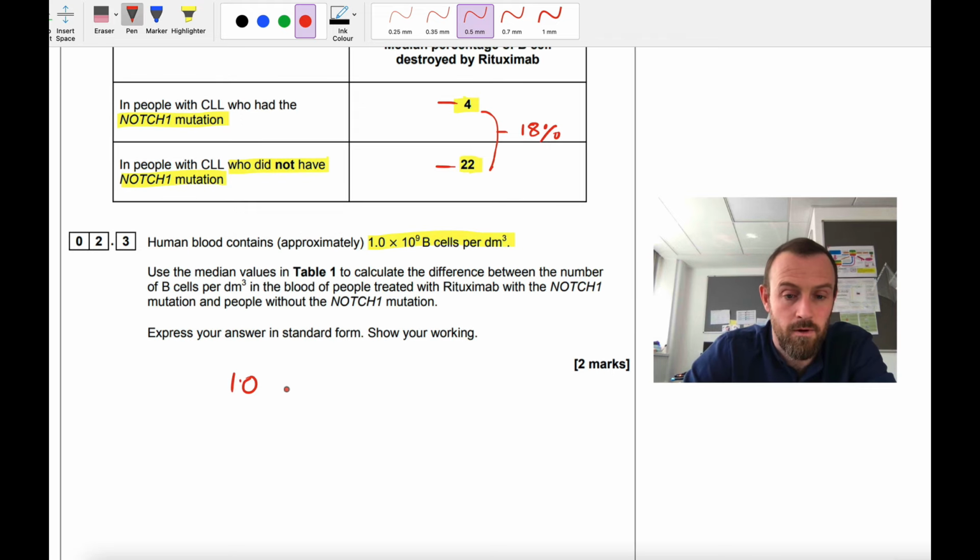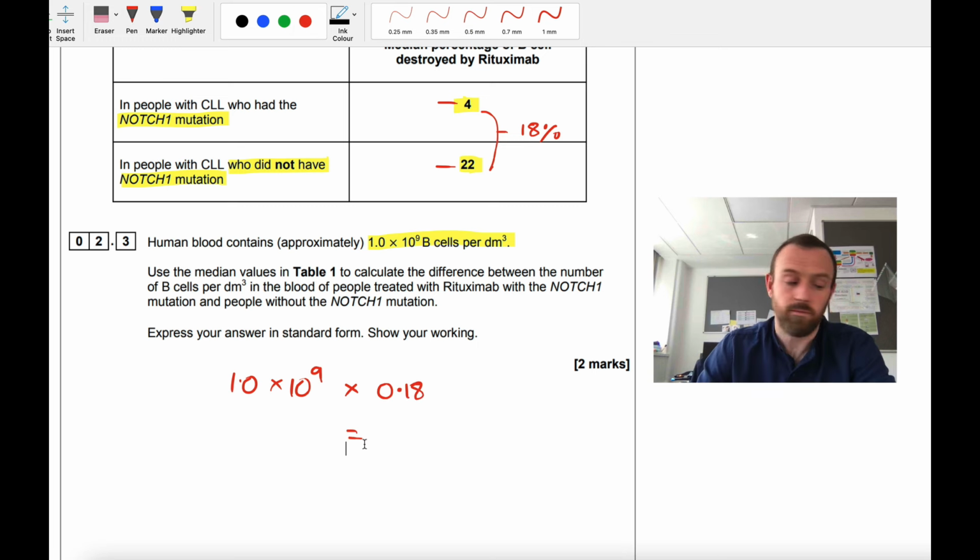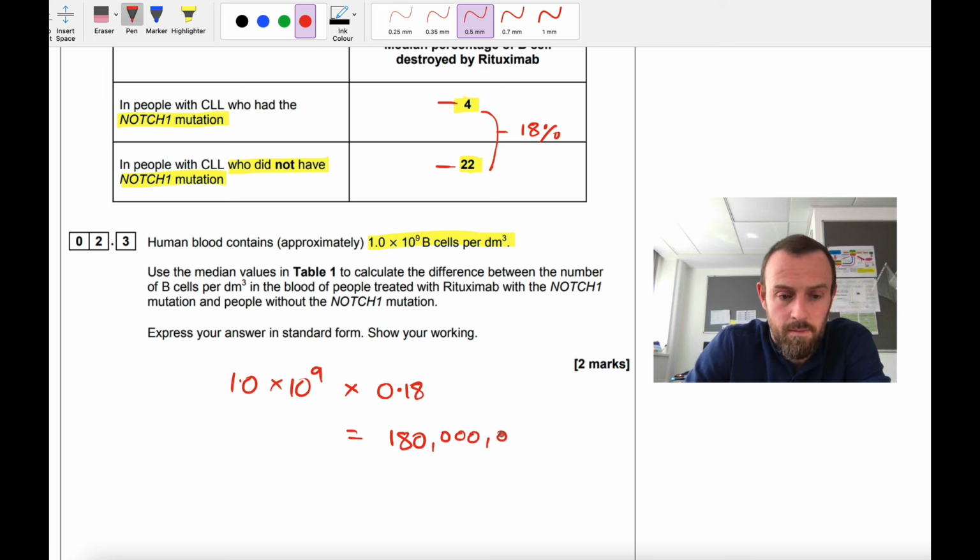Okay, so what we're looking for is 18% times 1 billion. So it's 1.0 times 10 to the 9 times 0.18, and that's going to give me my number. That's 180,000. Oh, no, 180 million, I just got that wrong. 180 million.